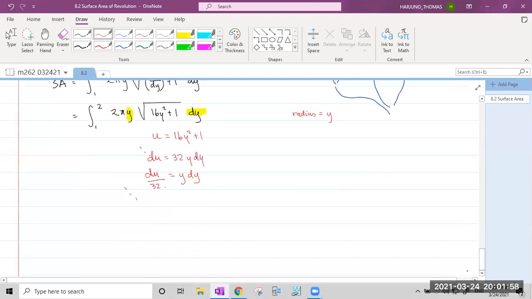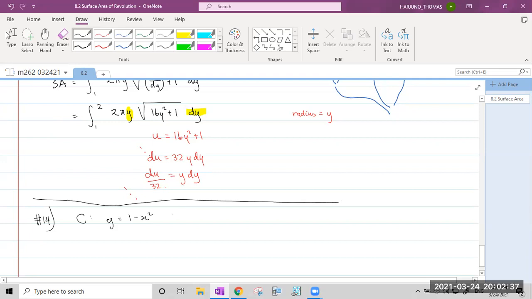Now, let me ask you to do one more problem. What if I ask you to do number 15 maybe? Now, number 15 is an odd number. How about number 14? So the curve is given by y equals 1 minus x squared, where x is from 0 to 1.